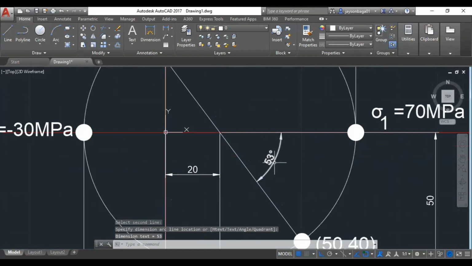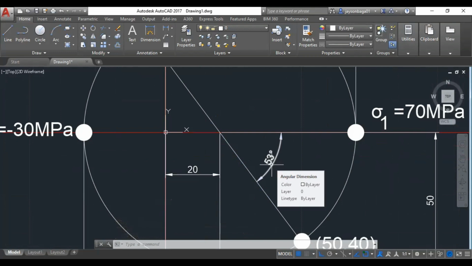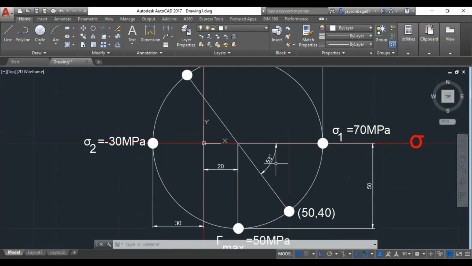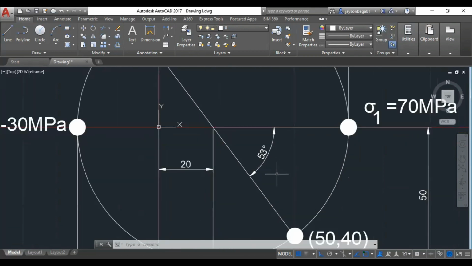So yung angle natin dito is 53 degrees. Kaya lang, di ba sabi kanina, kapag nasa Mohr circle tayo, ang theta natin is naka times 2. So kailangan natin itong i-divide by 2. So ang theta natin dito is 53 over 2 or 26.5.